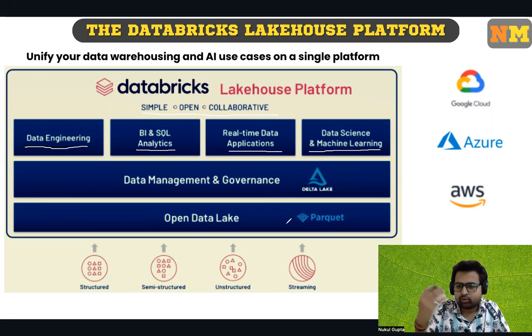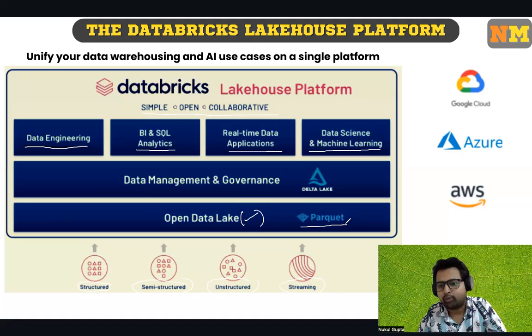Now see how the similar architecture has been implemented by the Databricks Lakehouse platform. As you can see, let us start from the bottom. At the bottom, we can see structured data, semi-structured data, unstructured data, and streaming data. It is being ingested into the open data lake. So this is the open data lake, and the open file format is Parquet. So Databricks is following the Parquet open file format.